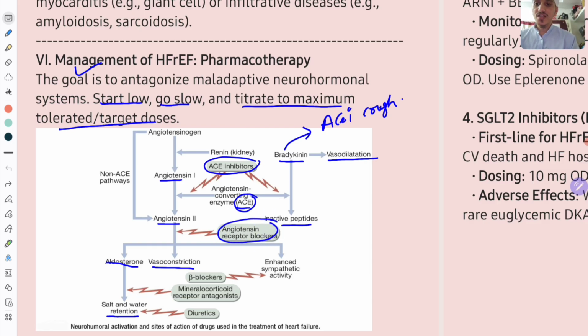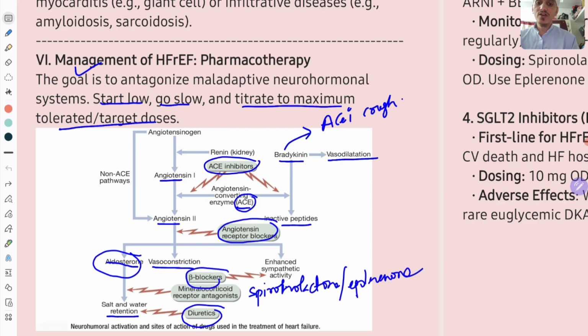And mineralocorticoid receptor antagonists like spironolactone or eplerenone will inhibit aldosterone, they are aldosterone antagonists. The salt and water retention is tackled by the diuretics. Beta blockers will take off the enhanced sympathetic activity. This is how we are targeting each and every step of this circuit. So that's the mechanism of action.